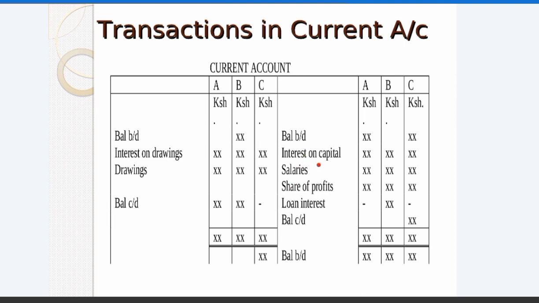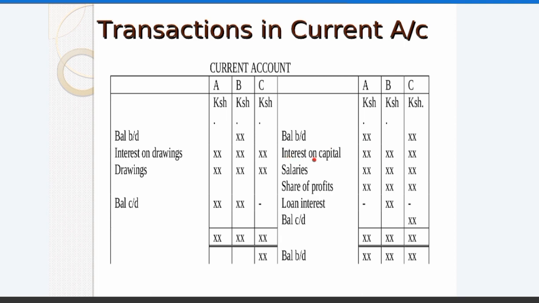Number one is the interest on capital. If there is a policy by the partnership that they pay certain interest on capital, then the share of interest of each partner will be credited in the current account. So you expect that in the current account, you have the interest on capital being credited.